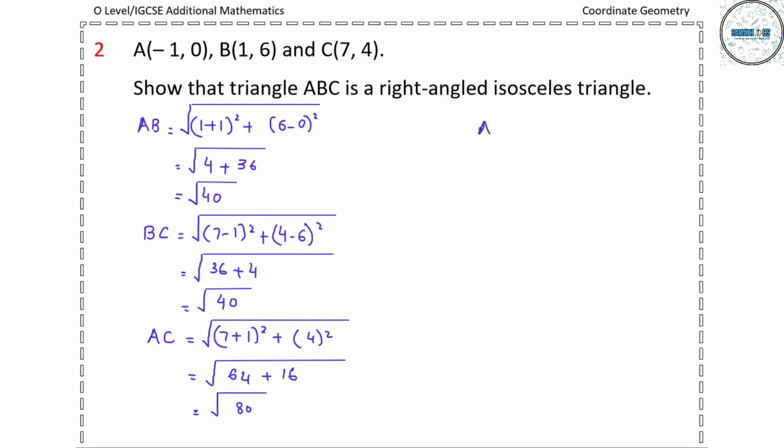So AC square is equal to AB square plus BC square. AC is under root 80 square. AB is under root 40, so under root 40 square. BC as well under root 40, so under root 40 square.